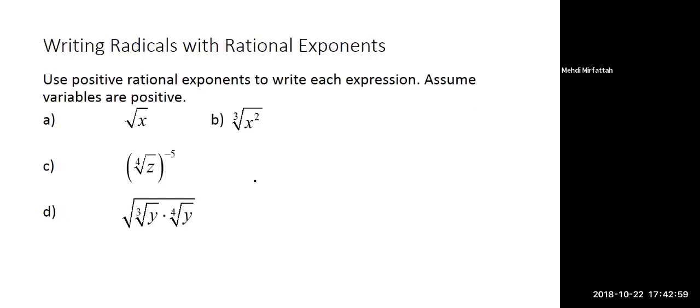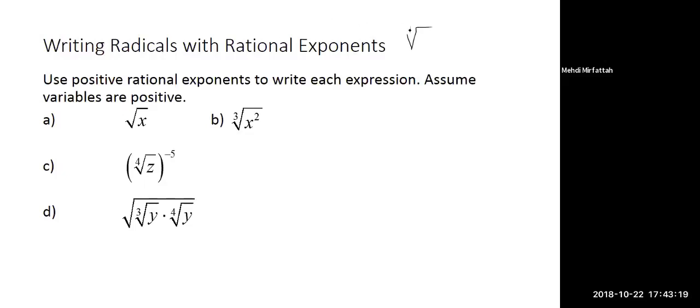Use positive rational exponents to write each expression. So what we want to do is make sure that all the exponents are positive. We're going to assume that variables are positive. First one, we have square root of x. Again, I'm going to write down the property that I need to know.